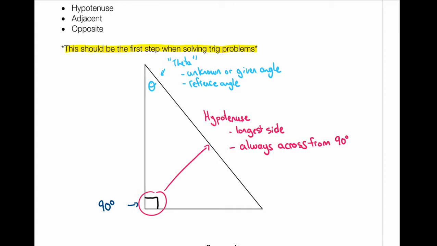Now that we have our reference angle, it's going to be helpful to figure out which of the remaining sides is the opposite and which is the adjacent. If we were to draw a line from that reference angle straight across to the side across from it, that would be our opposite, because it's across or opposite from our reference angle, which is kind of in the name.